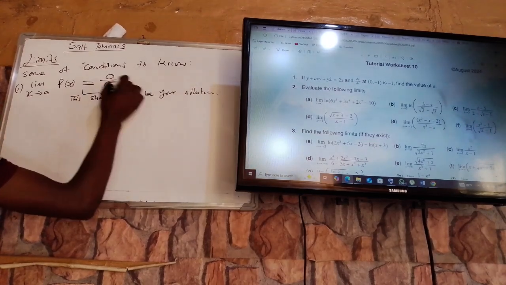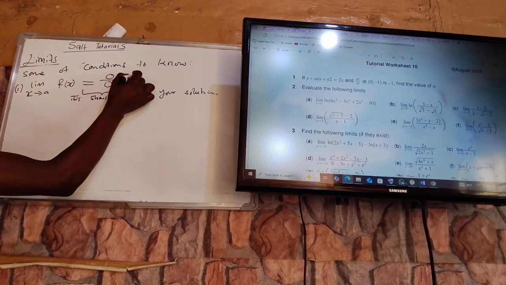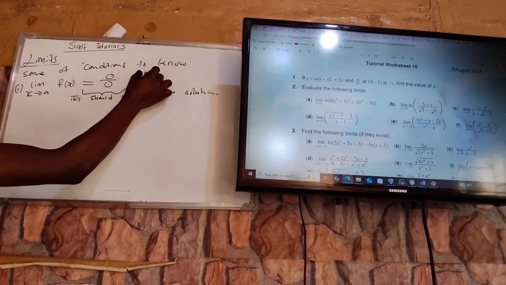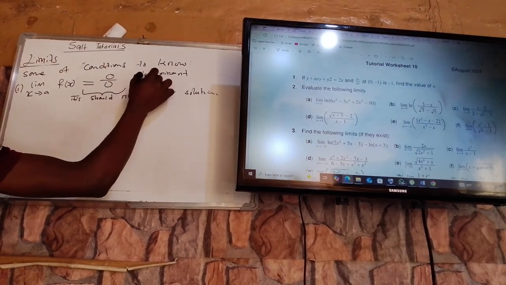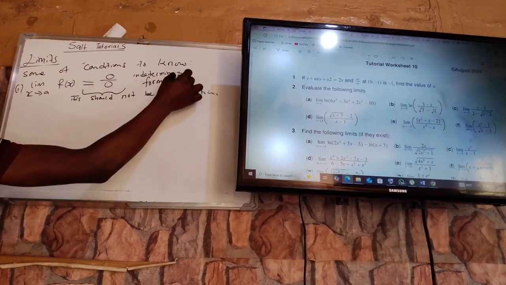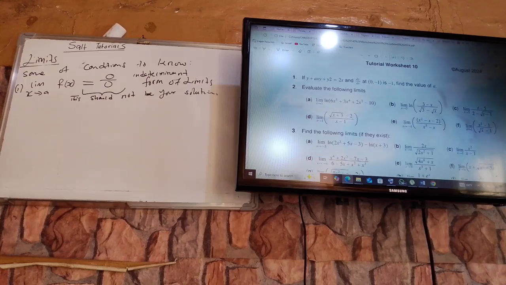Every time you have a 0 over 0, this should not be your solution because this is an indeterminate form of limits. So hence, it should never be part of your solution.